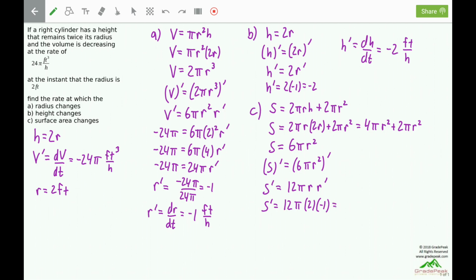These will multiply. 12 times 2 is 24, times the negative 1 is negative 24 pi. So s prime, or dS/dt, will be negative 24 pi units of surface area. Area is always in units of length squared. Length in this problem is feet squared per time. Time in this problem is in hours. So s prime will be negative 24 pi feet squared per hour.